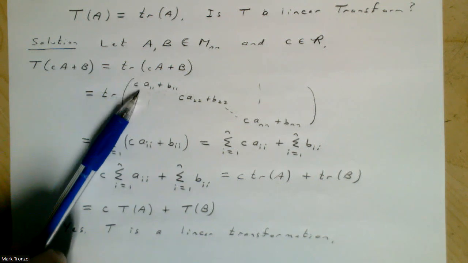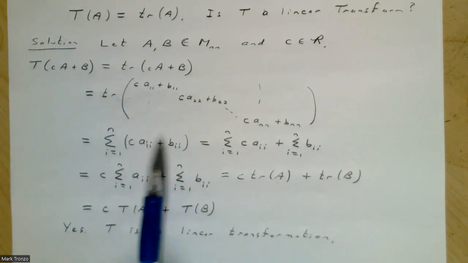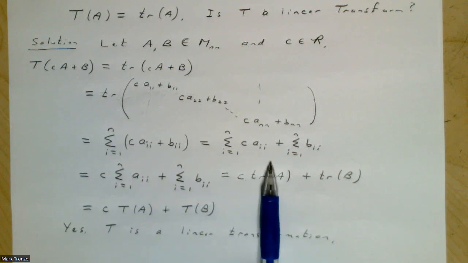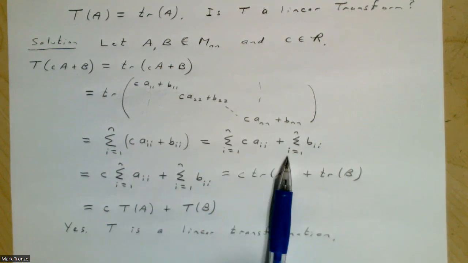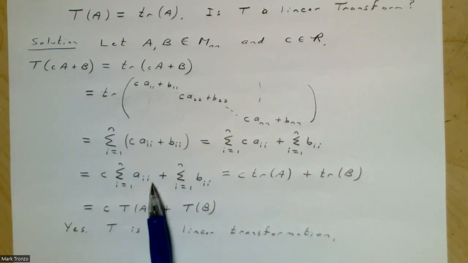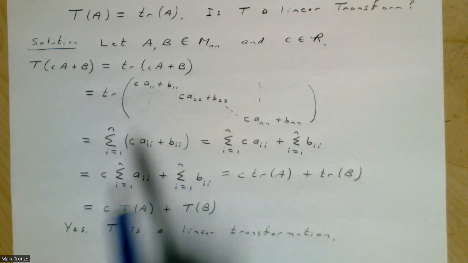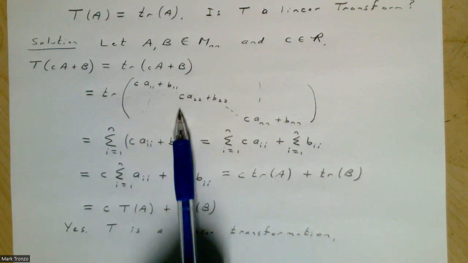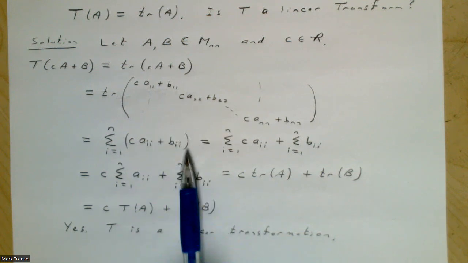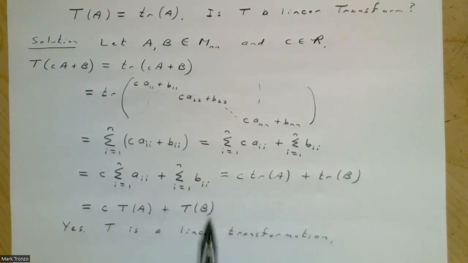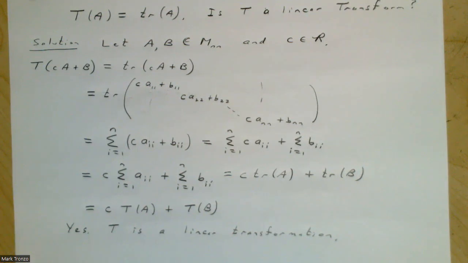All of a sudden, this turned into sums. So we had to use our properties of sums, the fact that you can break them apart like this, the fact you can factor out anything that doesn't have an index letter in it. Or before, when we were dealing with functions, with integrals, we had all the rules of integrals. So you use whatever rules you can use here, then bring everything back to get it back in the form of the transformation. That's the way we did all of these.